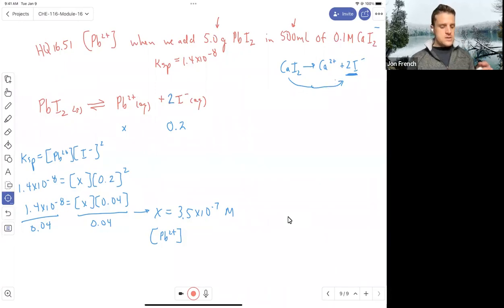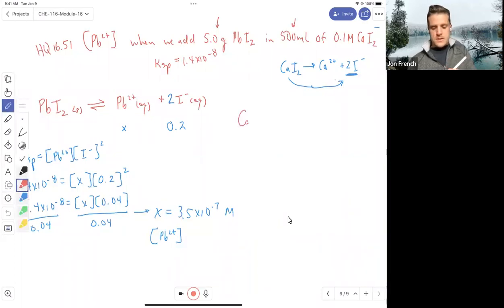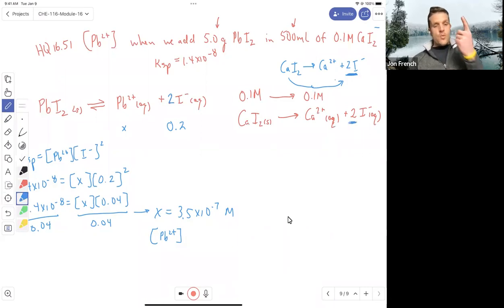Yeah, I can explain that again, because let me just write it out one more time here. The calcium iodide, when we add that to solution, we're going to get 1 calcium and 2 iodides. So when I put in 0.1 molar here and this ionizes, I get 0.1 molar calcium. But because of stoichiometry, for every 1 calcium iodide that goes into solution, 2 iodine are generated.